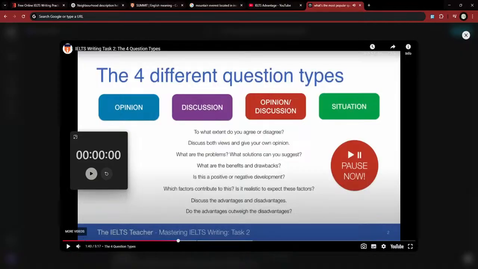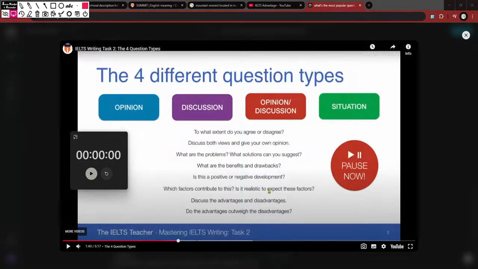Let's see. I think on opinion, to what extent do you agree or disagree? Opinion, agree or disagree. Okay, this one goes to opinion. Discuss both views and give your own opinion.